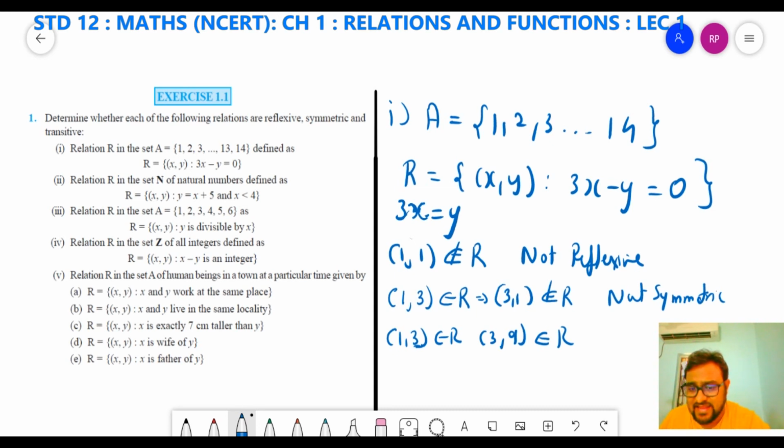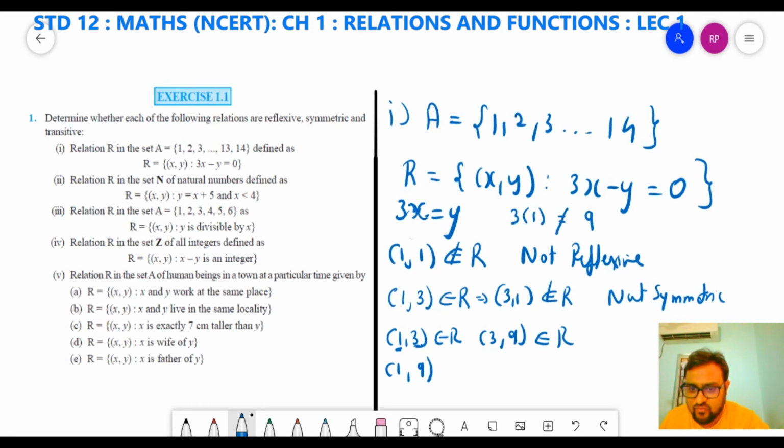Okay, but can I write down 3 into 1? Let me check. If (1, 9) belongs to R, then it will be transitive. If not, then not. So (1, 9): 3 into 1 equal to 9. Is it correct?